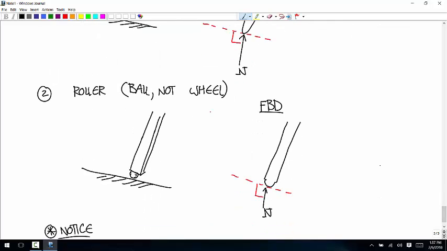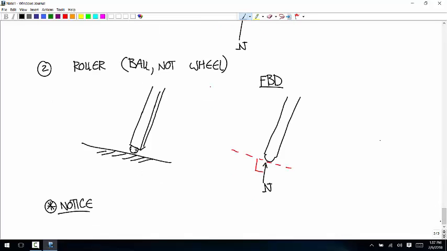And notice that in both of these cases, N has to be positive because the ground isn't going to pull down on it. This is a pushing contact. It's not going to hold it on. It doesn't prevent translation away from the surface. So N must be positive for both of these.